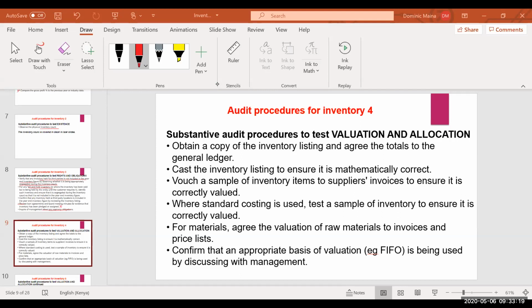The inventory listing of the company can have the following: product X, product Y, product Z. For X they are 10, for Y 15, for Z maybe 20. This is the value per unit: 5, 7, 8, and 10.